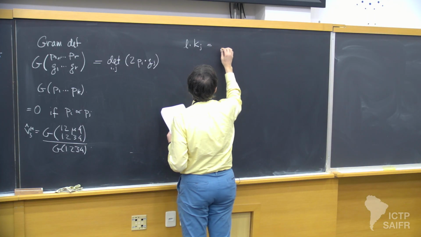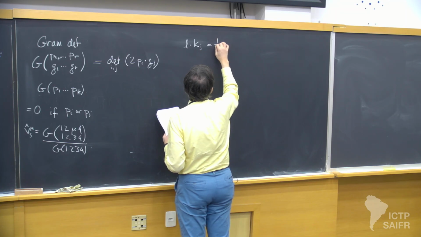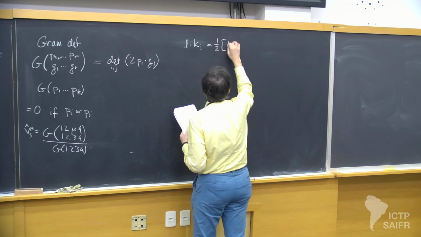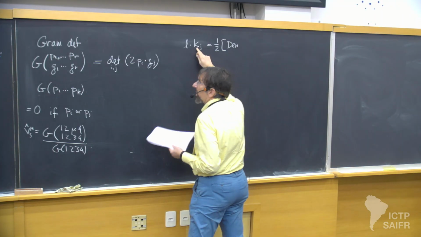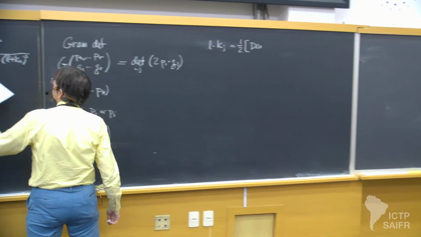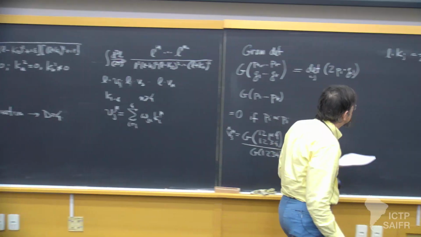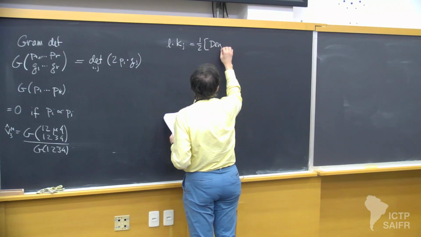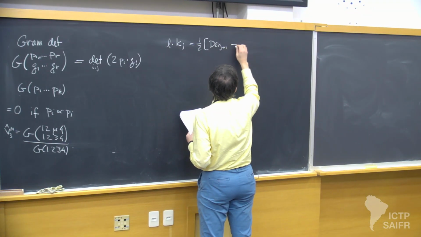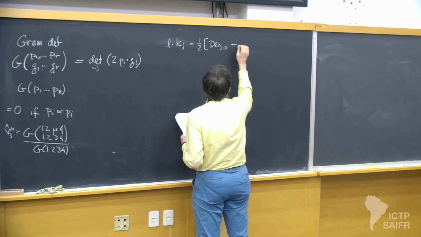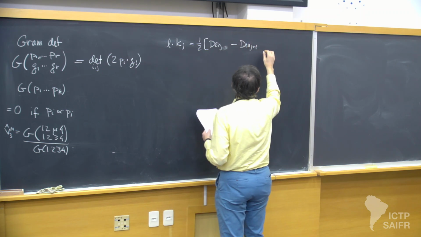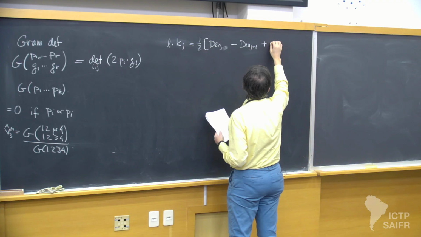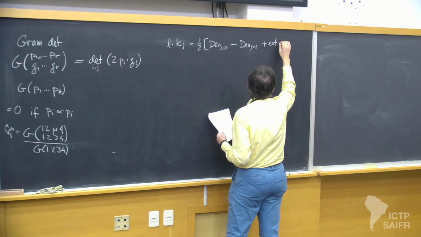And this dot product you can write as a difference of two denominators. So it's the kj here lies in between two different denominators. So you'll take the difference of those denominators, and then possibly you have to add back in some external invariant.